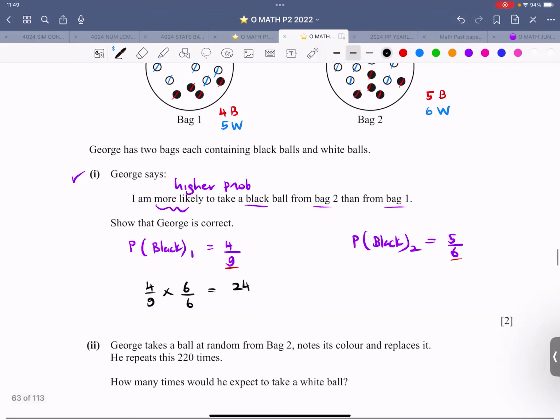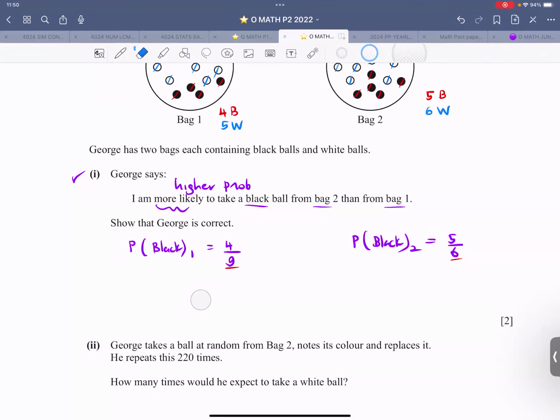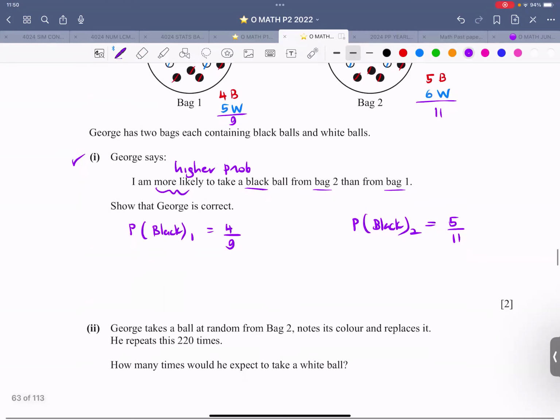I think the total, this is 9, but that's not 9. So that is 11. So I think I have to go ahead and do the correction. It suddenly clicks me that both the denominators were not the same. So purple marker again, this total is 9, this total is 11. So this is 5 over 11.